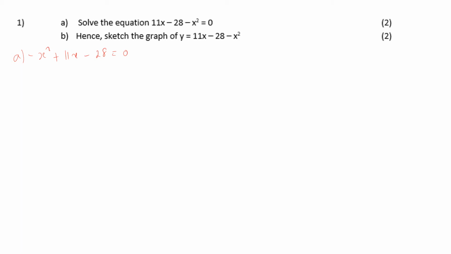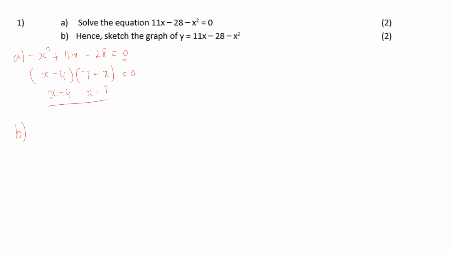If you wanted to, you could multiply by minus 1 because it is equal to 0 in this case. If you did factorize it just as it is though, you could get x minus 4, 7 minus x equals 0, so therefore x equals 4 or x equals 7. That's the solution to the equation.